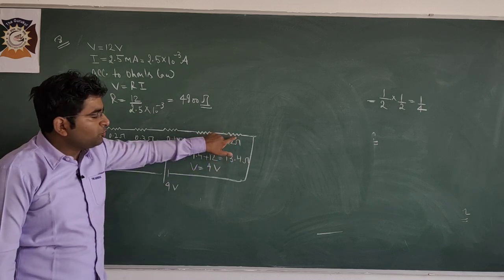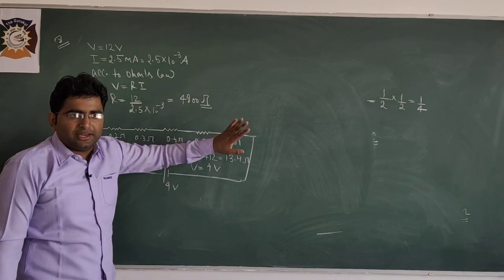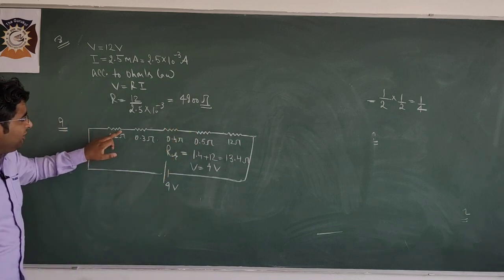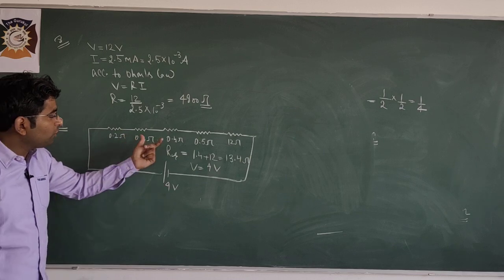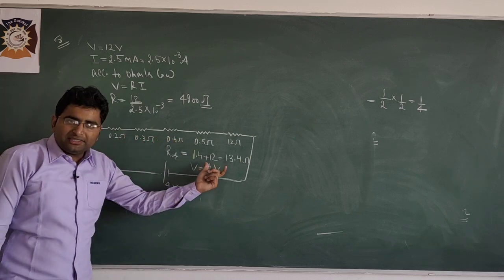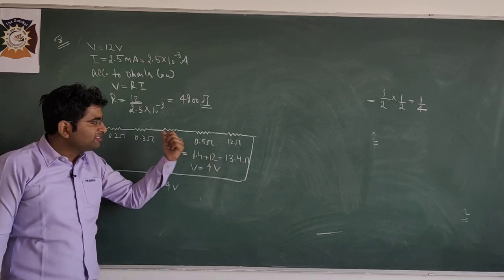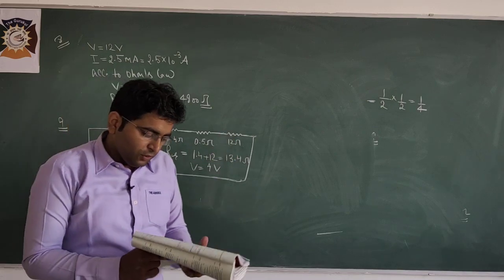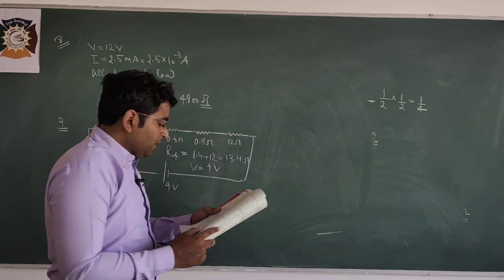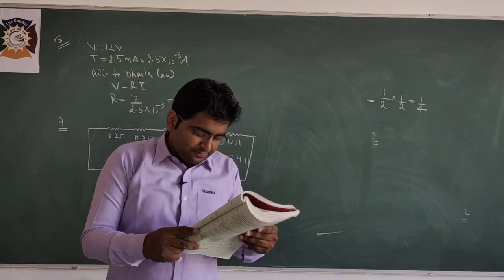And the same current will flow across 12 ohm. Clear? Second thing, if in the same question I ask how much current will flow across 0.4 ohm, same current, because in series combination the same current flows across every resistor. Okay students, now question number 10th.